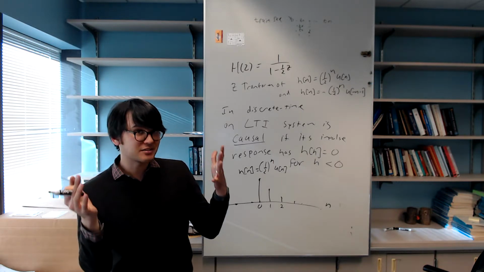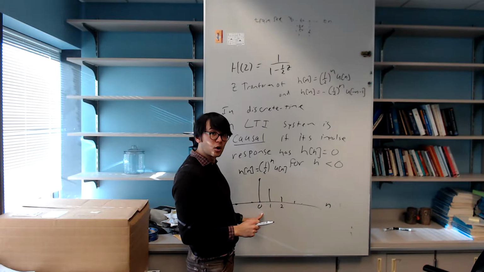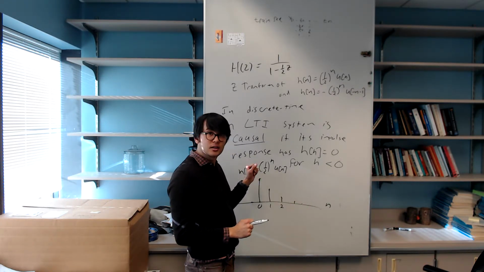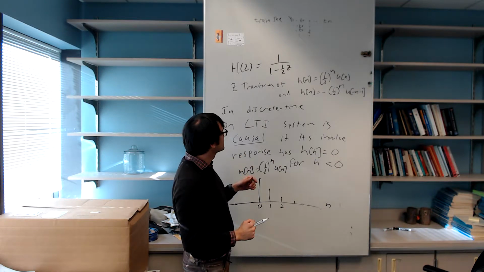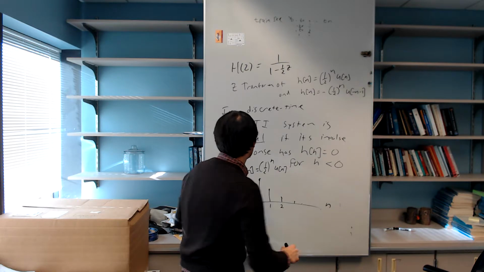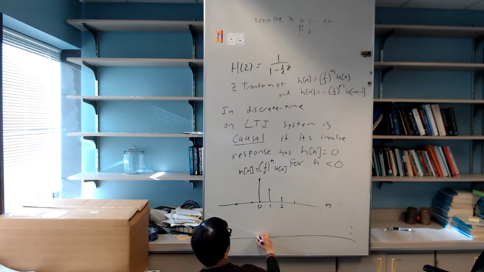It's the response of the system to an impulse. So we put an impulse at t is equal to 0, and then it goes. So that's our causal impulse response. Whereas if we looked at this thing over here, this is going to have an impulse response that looks like this. So it's going to be, you know, -2.